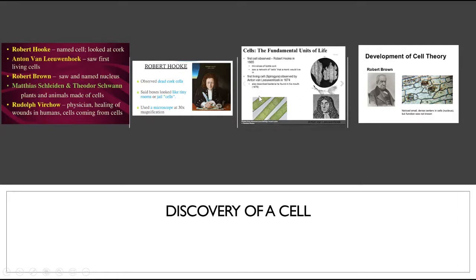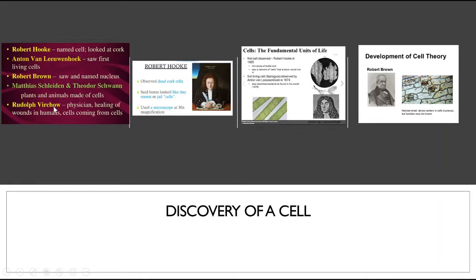Robert Brown coined the term nucleus. He observed it through the microscope, but he did not know the function of the nucleus. Schleiden and Schwann are also famous scientists who proposed that plants and animals are made up of cells. So everything we see around us, moving here and there, is made up of cells.